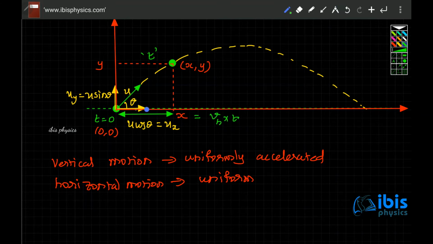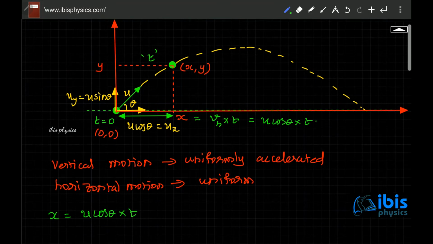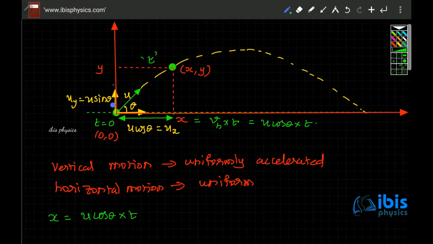Hence the position x is equal to u cos theta into t, whereas the position y is governed by gravity.